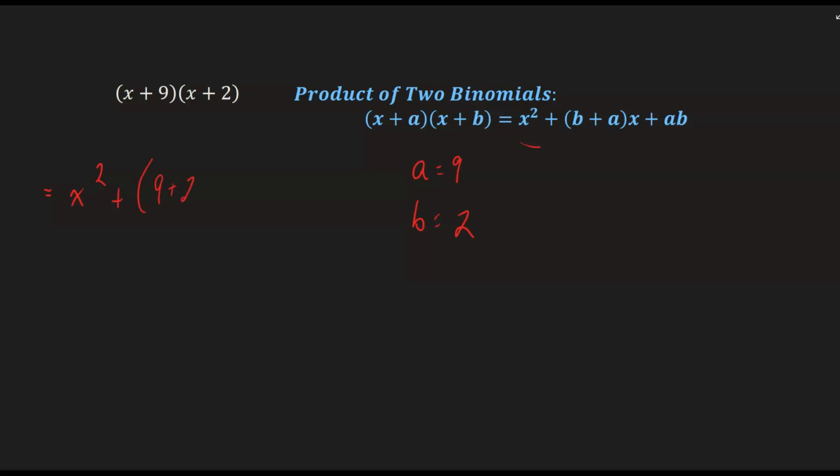I'm going to write it, but you could probably do that in your head, and don't forget that it's multiplied by x. And we do the product of 9 times 2. So that could go on in your head as well. So this is actually x squared plus 11x plus 18.